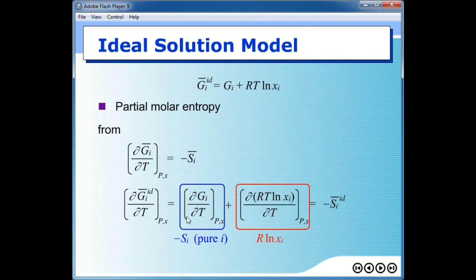So the blue box here is essentially minus the entropy of species i as a pure species. On the other hand, for the one in the red box, if you take the derivative with respect to temperature, the temperature here disappears and you get R ln x_i, because x_i is considered constant. So that means we can write the partial molar entropy of species i in an ideal solution as a function of the entropy of the pure species and the concentration.